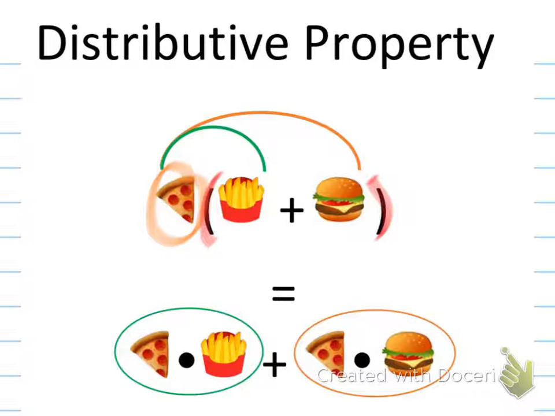So what this means is that the outside number, or in this case, a pizza, is being distributed to everything that's inside. You can see it broken down below, where the pizza is being multiplied to the French fries, and then the pizza is also being multiplied to the hamburger.